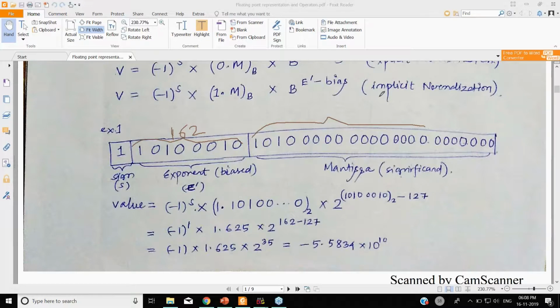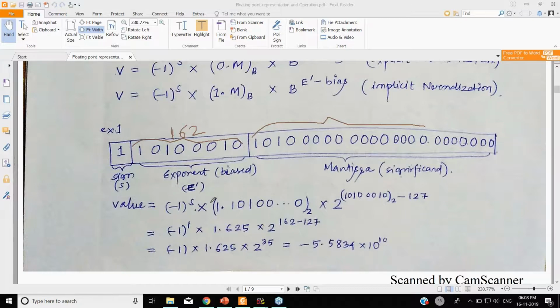In the question, if they don't provide implicit or explicit, you always assume implicit normalization. You always assume this value interpretation: minus 1 to the power s into 1.m to the base 2 into 2 to the power e dash minus bias. So our e dash here is 162.